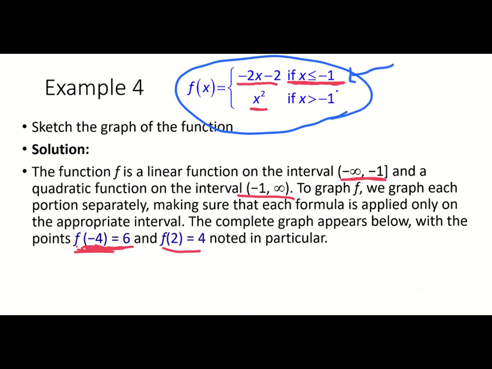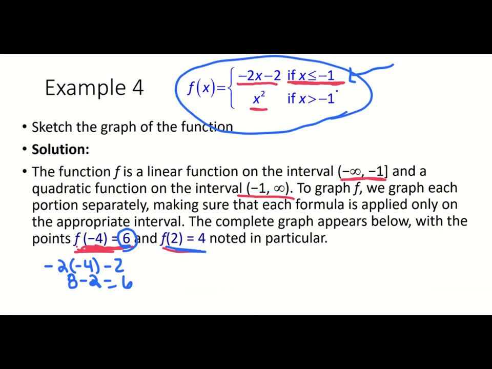So in order for them to get the 6, they plugged it into the negative 2x minus 2 because the negative 4 meets that requirement. So they did negative 2 times negative 4 minus 2. Negative 2 times negative 4 will give me 8. 8 minus 2 will give me 6. So that's how they got the answer there.